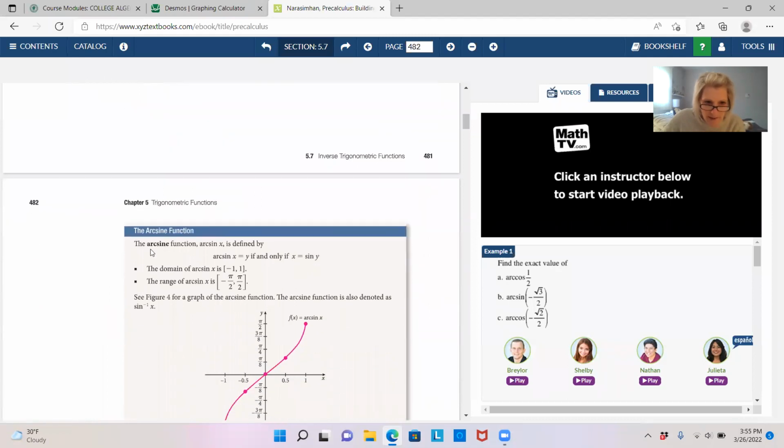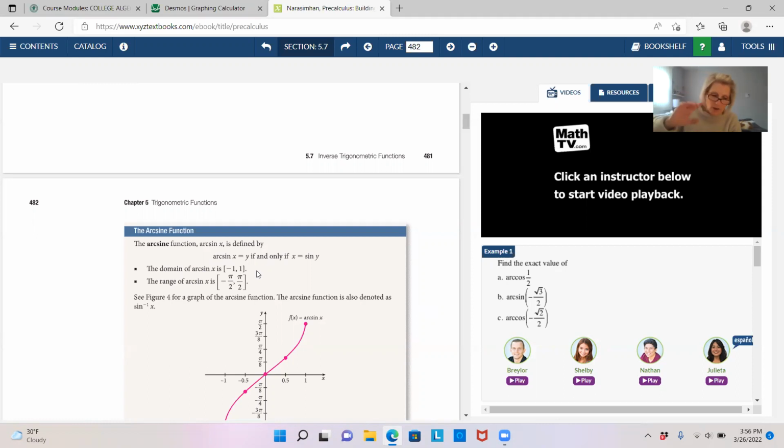It's right here, arc sine, on page 482. The arc sine function is defined by this: the arc sine of x is equal to y if and only if x is equal to the sine of y. So because the domain of the arc sine is -1 to 1, the range is -π/2 to π/2.